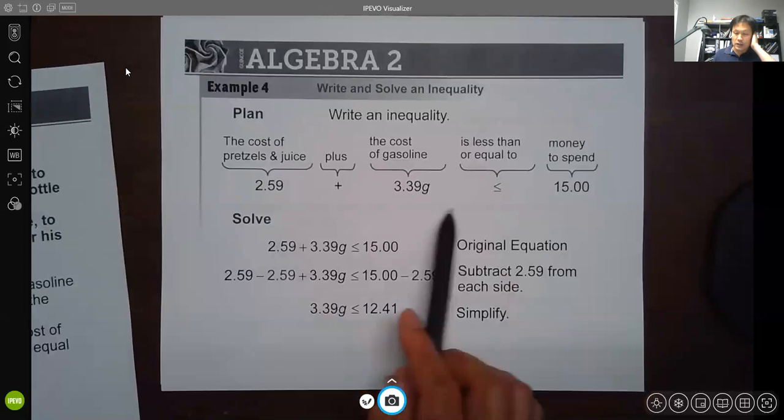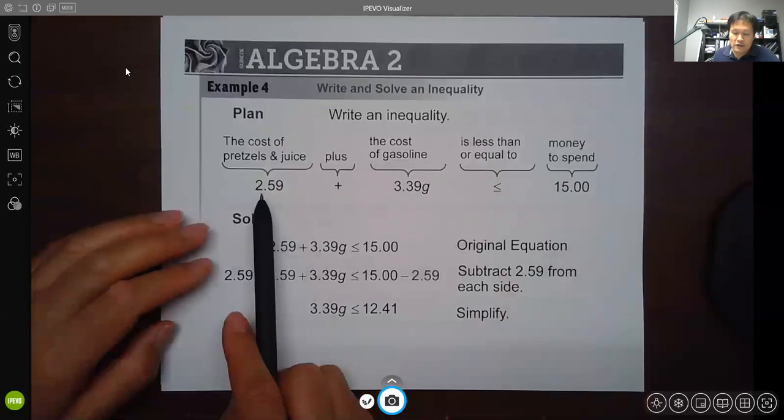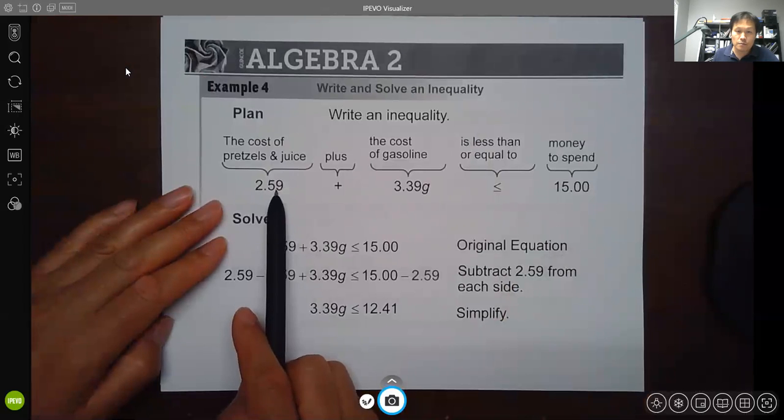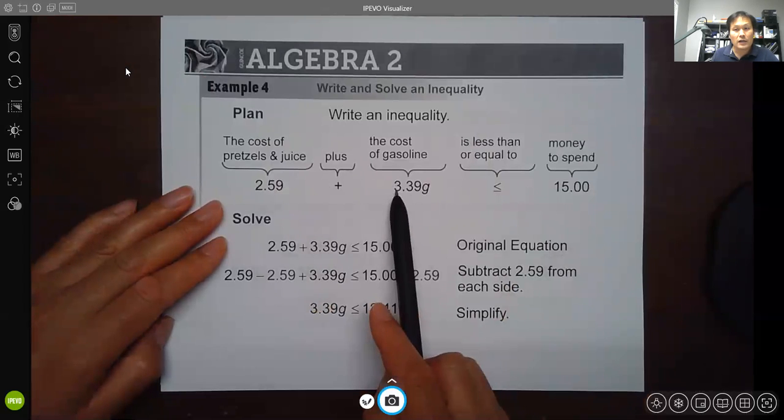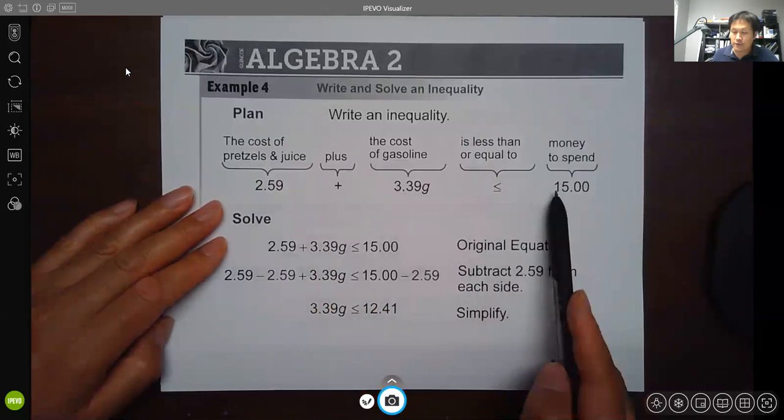How do you set up? Like this. Cost for pretzel and the juice plus price per gallon of the gas, $3.39, and G will be the number of gallons he's going to buy. Has to be less than or equal to 15.